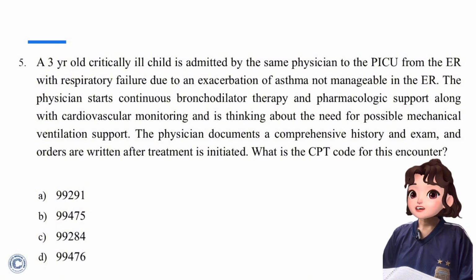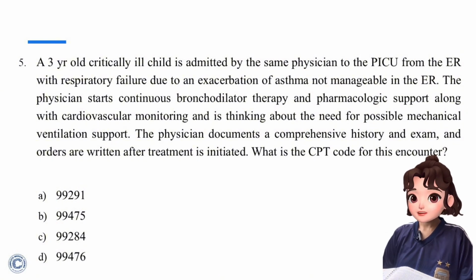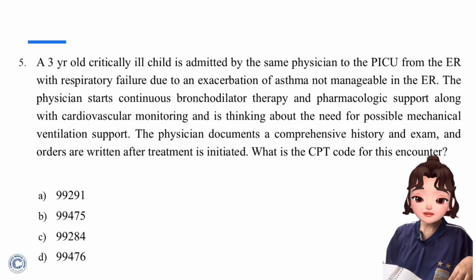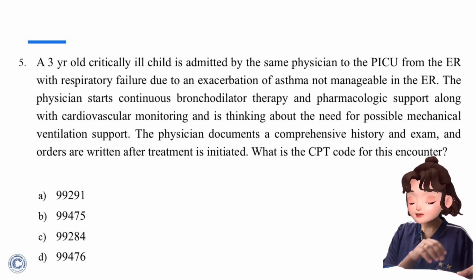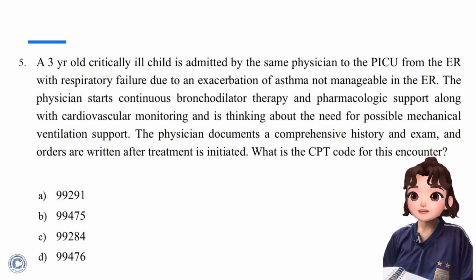This is because the asthma was not manageable in the emergency room, so it is shifted to the PICU. The first time shifting to the PICU means it is initial pediatric critical care, not the subsequent one. So option D is wrong. Now, option C is pending, 99284. 99284 is an emergency department code.